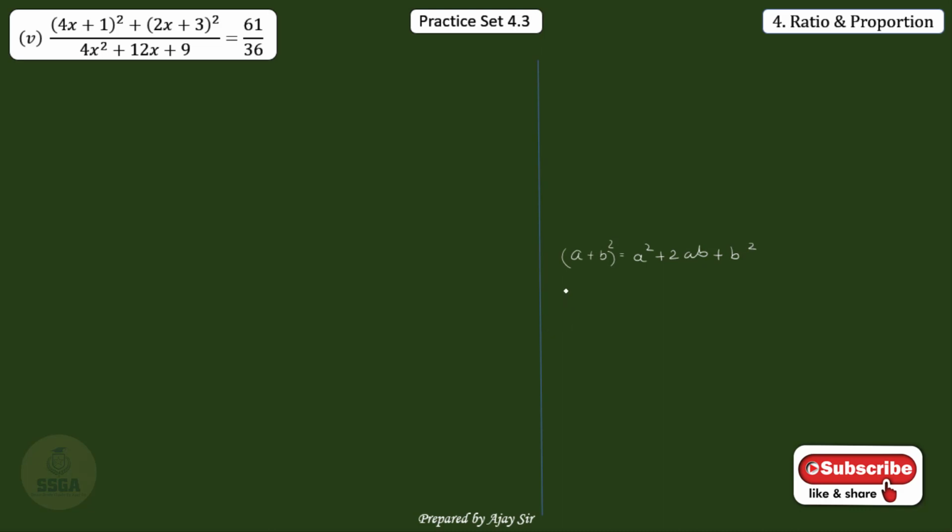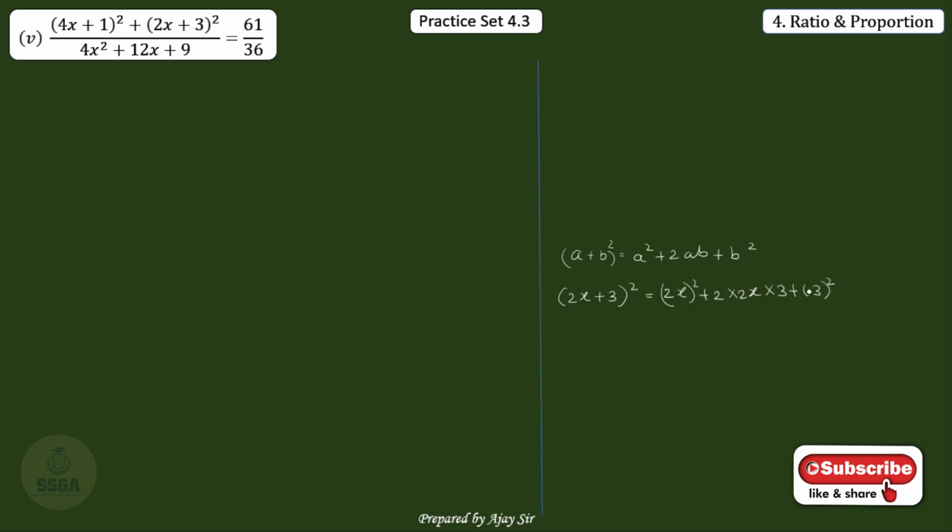Let us write 2x plus 3 bracket square is equal to 2x bracket square plus 2 into 2x into 3 plus 3 square.